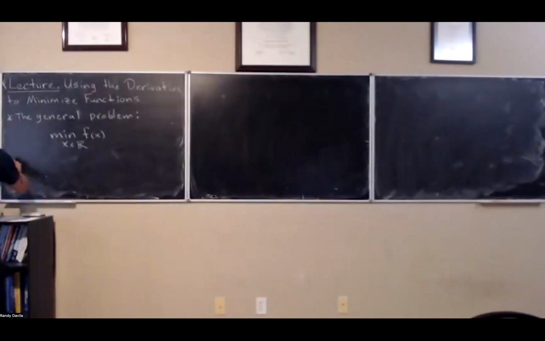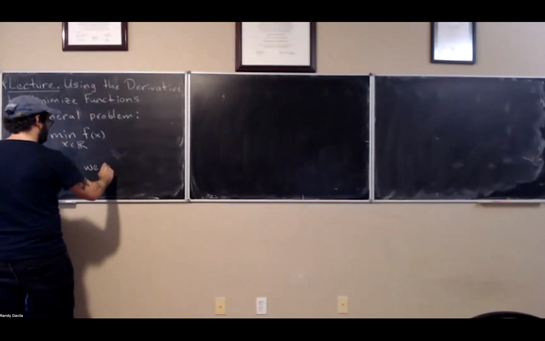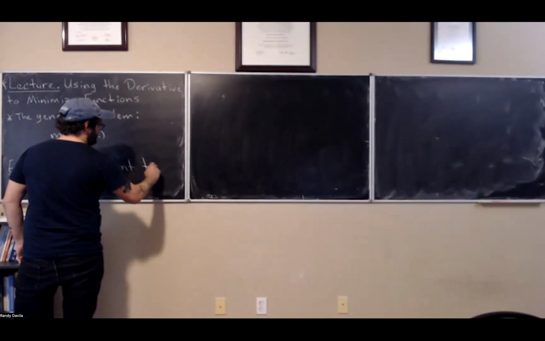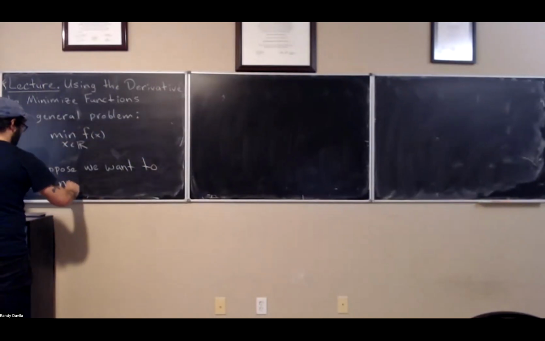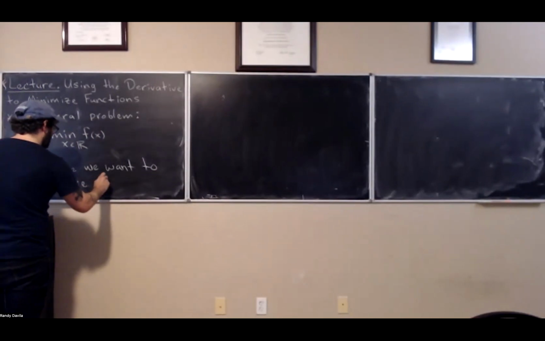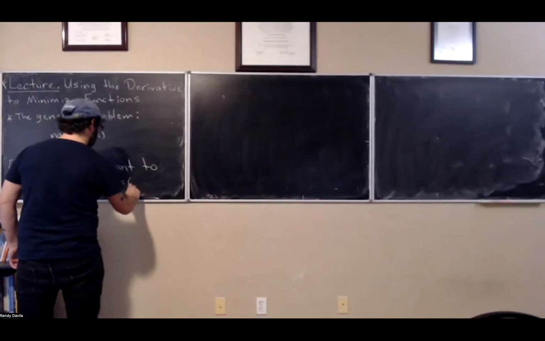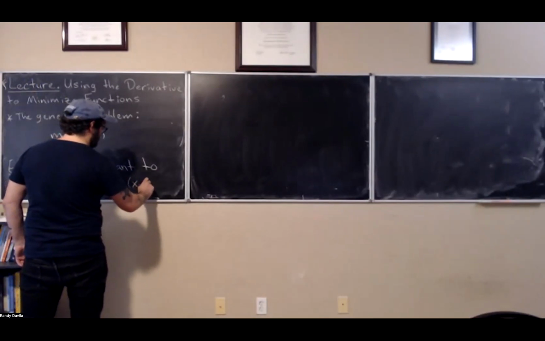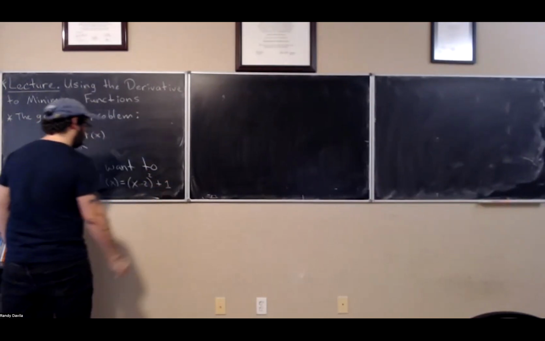So, suppose we want to minimize f of x equals to, I don't know, (x minus 2) all squared plus 1.